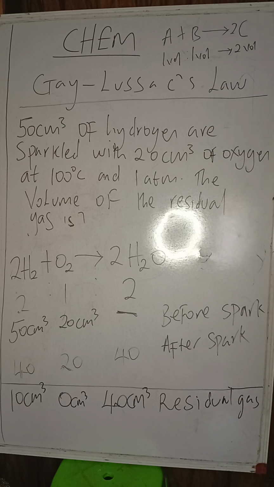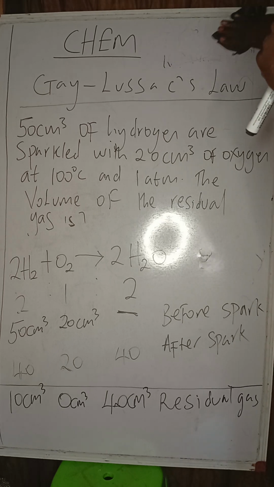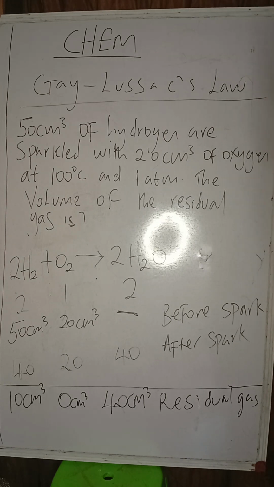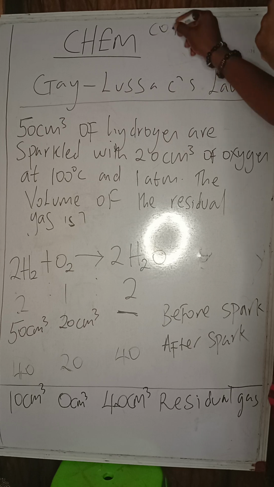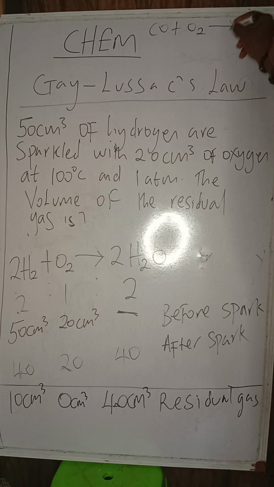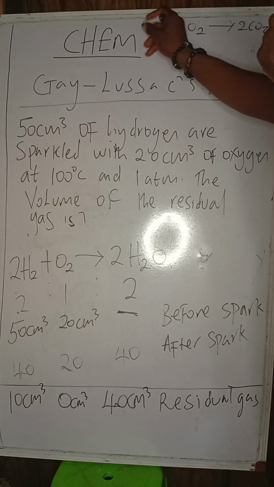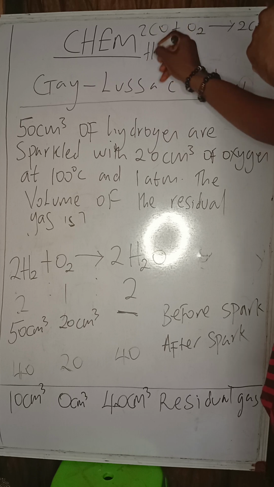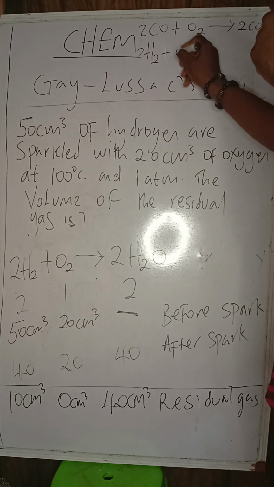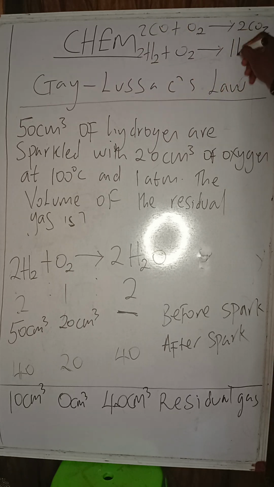One thing you should always know for this reaction is that you should be able to write out the equation pertaining to the reaction. For JAMB level, it's usually these common reactions: either 2CO plus oxygen to give me 2CO2, or H2 plus oxygen to give me H2O.